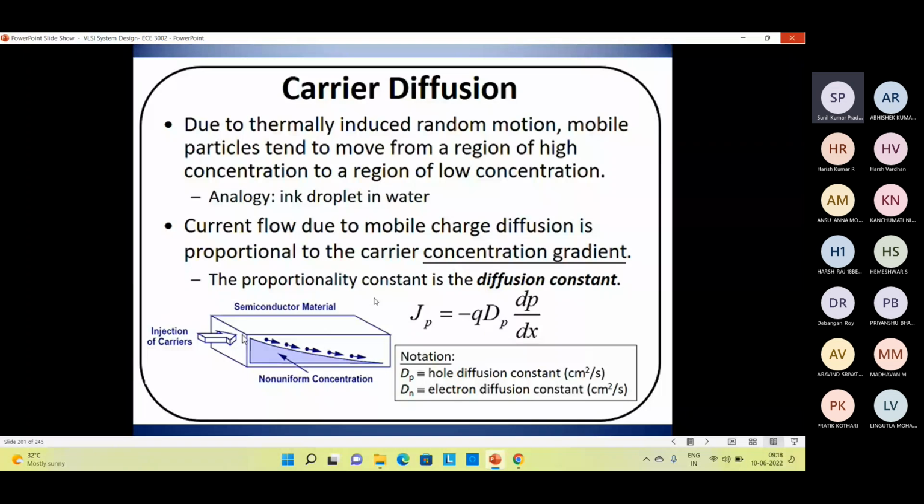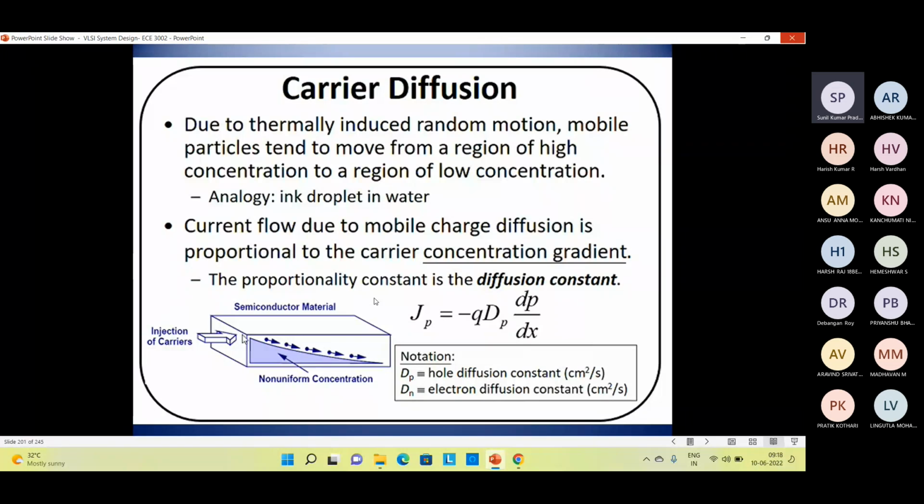Now, the main difference between metal and semiconductor is this. The current flowing in a metal is because of the application of an electric field, and the current associated with it we call drift current. In a semiconductor we also find the drift current, but what is there in a semiconductor and not in a metal is diffusion current.